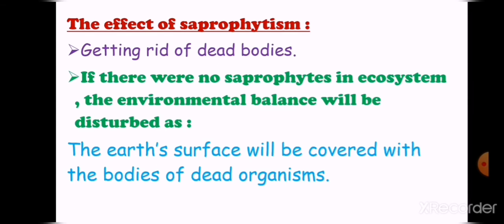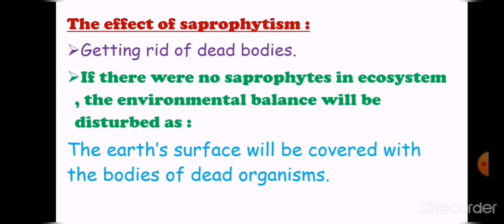But the second one, the effect of the saprophytism. Saprophytism is a food relationship that keeps the environmental balance. Why? Because saprophytism gets rid of the dead bodies.